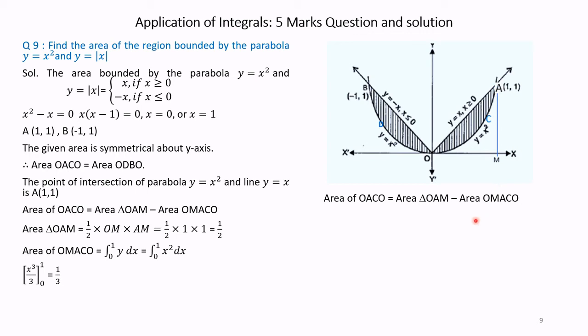That is equal to the area of the triangle, half, and this lower area is 1 by 3. That is equal to 1 by 6. Therefore, the required area is twice of that. So, 2 into 1 by 6. That is equal to 1 by 3 square units.